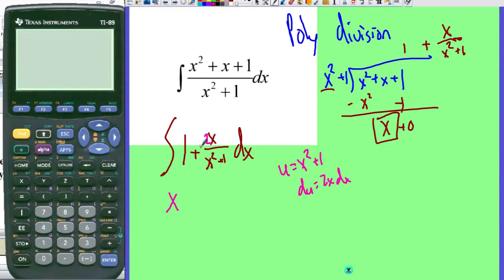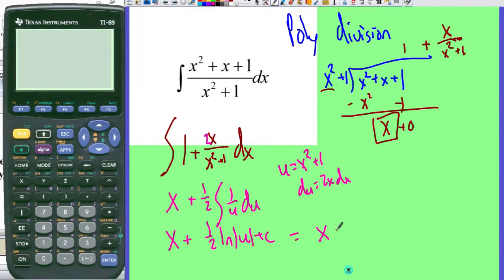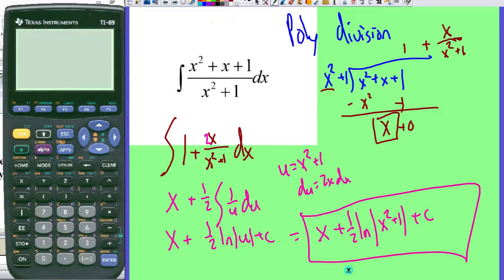I'll have to compensate and put a 1/2 on the outside. So this is the integral of x plus 1/2 the integral of 1 over u du, which is x plus 1/2 natural log of the absolute value of u plus c. And plugging in for u, you get x plus 1/2 natural log of x squared plus 1 plus c as your best answer. All right, next thing.